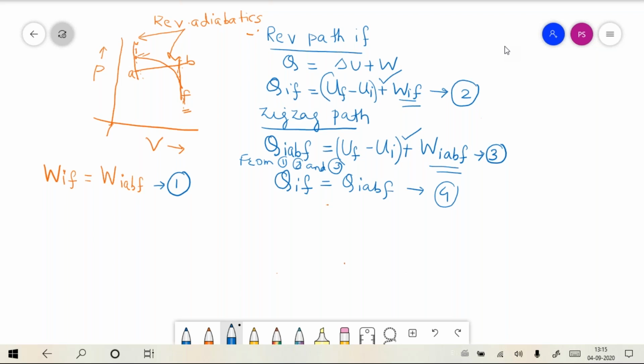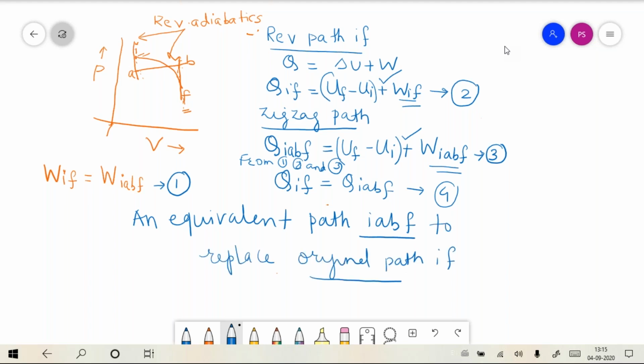In other words, we can draw an equivalent path, IABF, to replace the original reversible path IF.